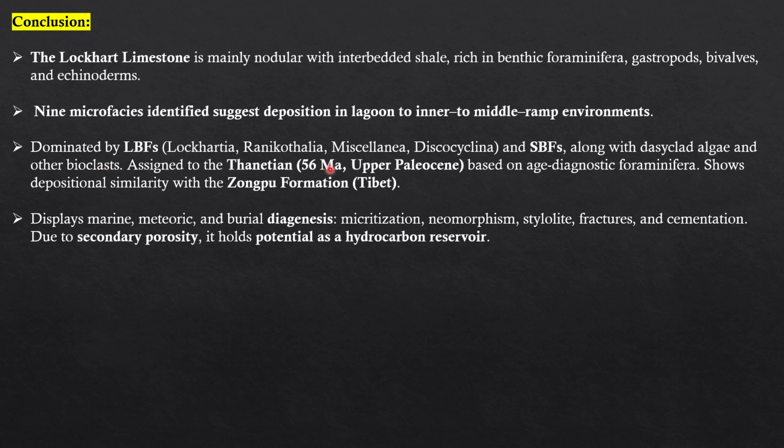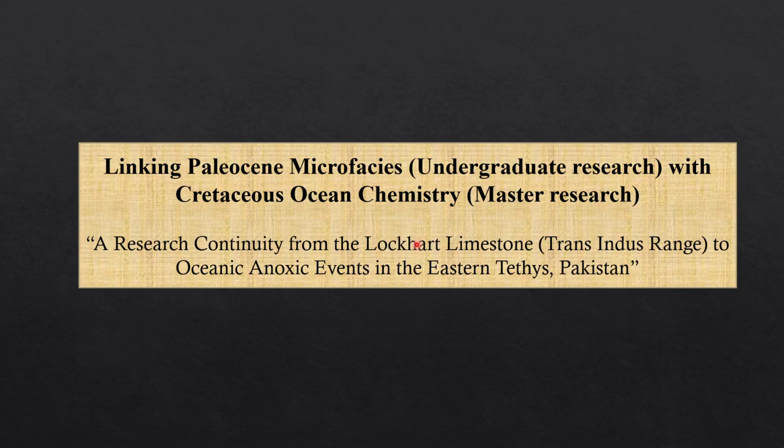It is dominated by these fossils, which give this age, and the same as this Zongpu Formation in Tibet, which is also like the Lockhart limestone and also assigned this Thanetian age. Due to the diagenetic fabric, marine, meteoric and burial diagenesis, it is also a potential for hydrocarbon analysis.